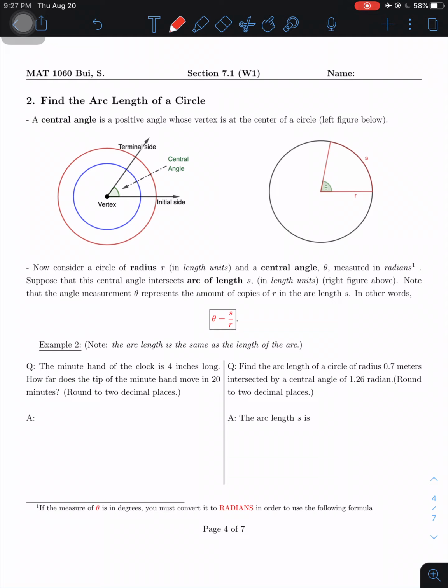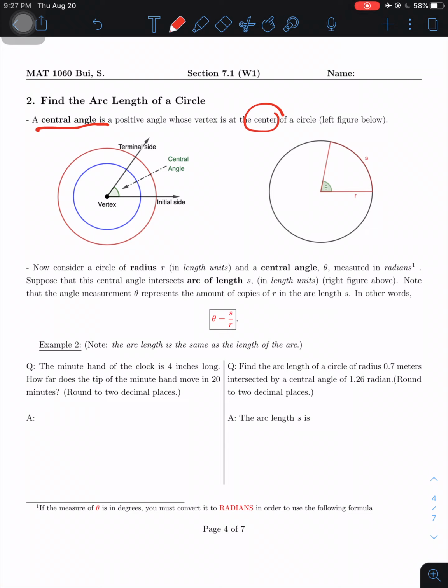The reason we have circles is because we have a central angle here. It's not just an angle anymore, it's a central angle. Central here is the adjective form of center. And what do we mean by center? Here we talk about the center of a circle. That's why we have the circles here, and that's why we have the name central angle.